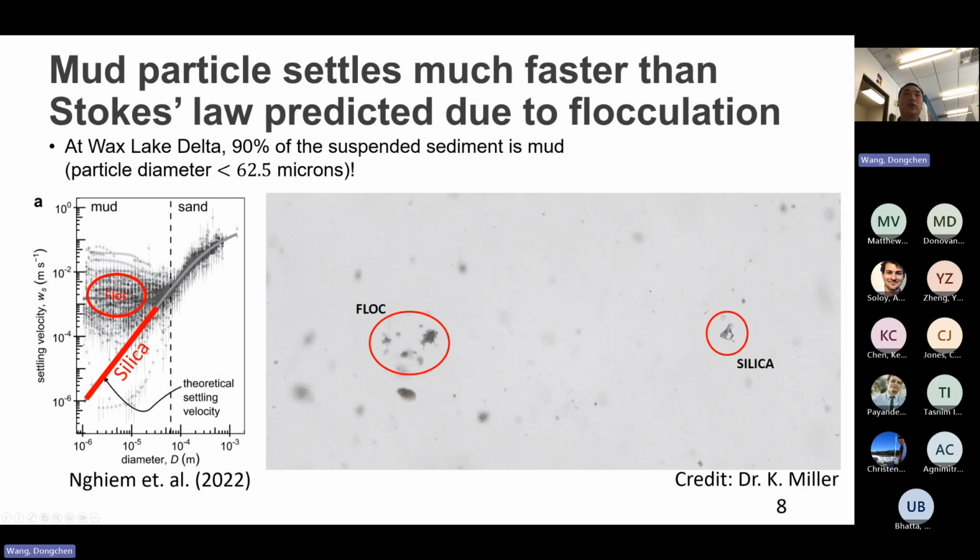All these flocks are accelerated, and the measured settling velocity can be a few orders of magnitude faster than predicted. So the idea of this work is to test all these different hypotheses, and then to see how this particle settling velocity impacts the land evolution at Wax Lake Delta.